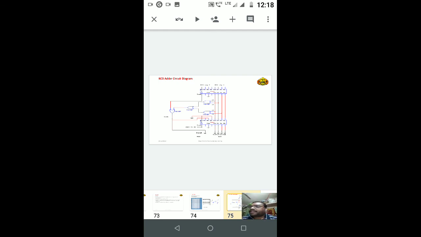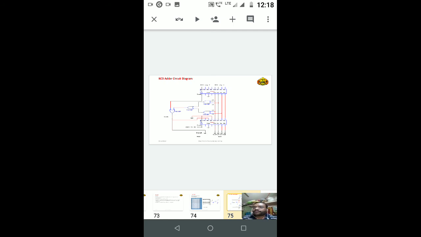What is the use of this chip? It is used for performing the addition of two BCD numbers. If you want to perform the addition of two BCD numbers, at that time you require one IC.